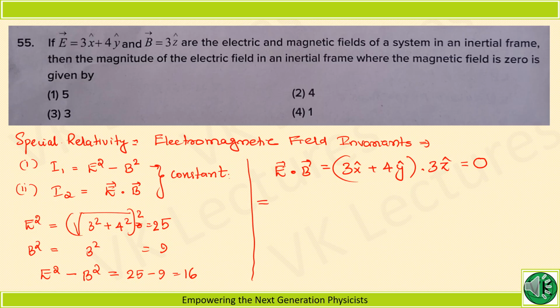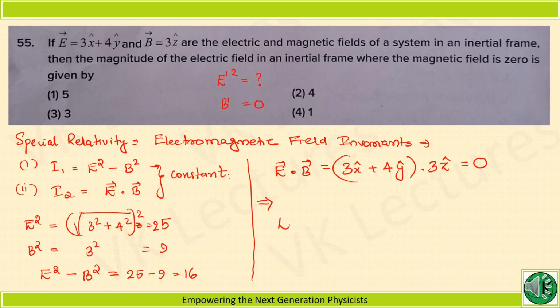Now in the next inertial frame, we have to calculate the electric field E′, where E′² is unknown and B′ is equal to 0. We already know E² minus B² equals 16.